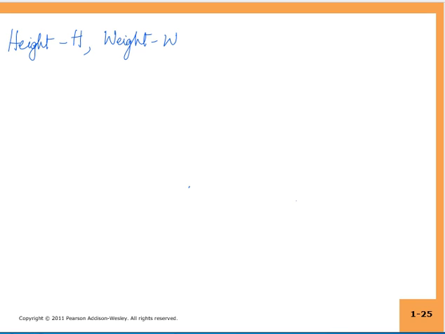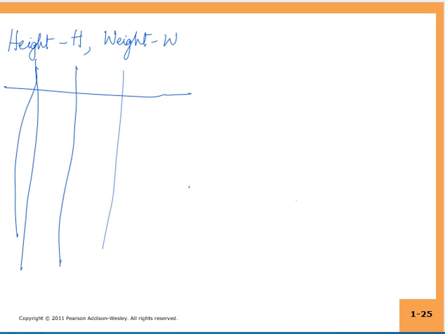So one individual will have both of these variables, and suppose we collect the data on the different individuals in your class. We collect this: the serial number, individual 1, individual 2, individual 3. For each of you we collect the data, and we have your name over here, and we have height and weight.